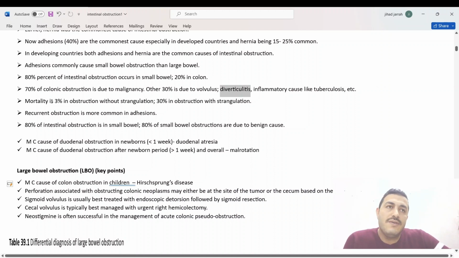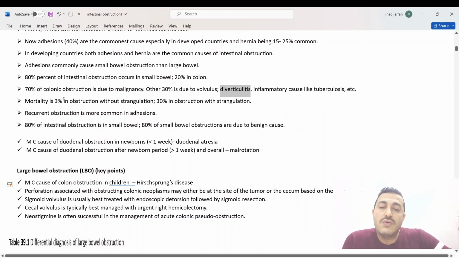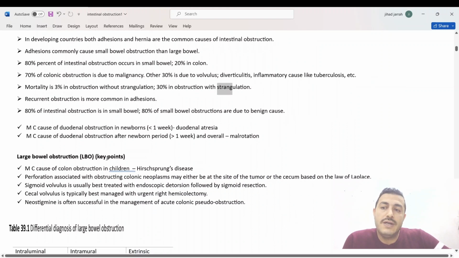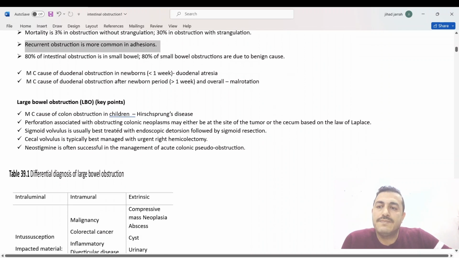It's 3% without strangulation, meaning simple obstruction, since we said simple means no evidence of strangulation, and up to 30% if there are signs of strangulation. Recurrent obstruction is usually seen in adhesion, called adhesive intestinal obstruction.